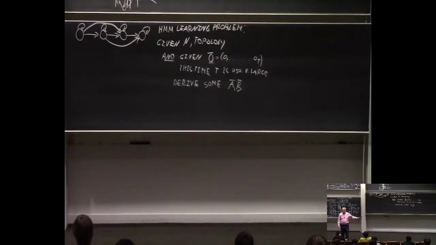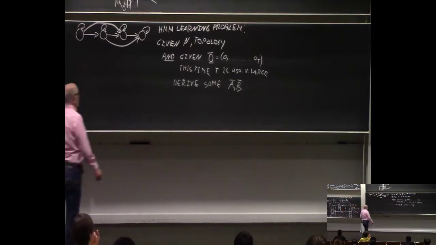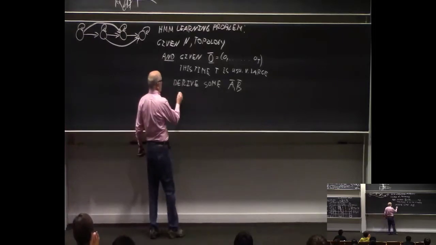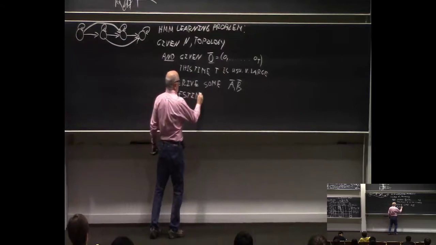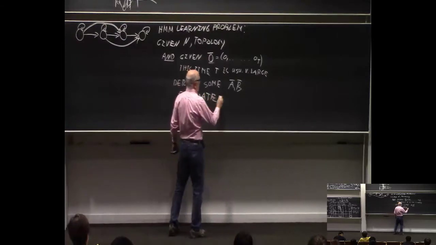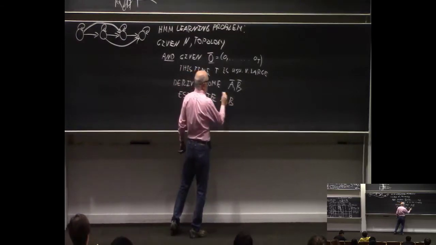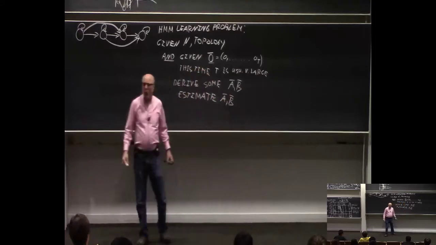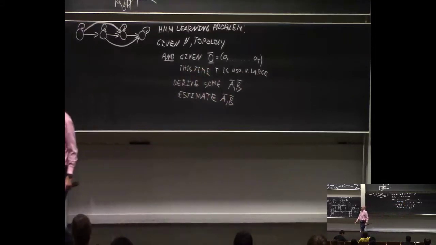Another way of saying it is you want to estimate parameters of the model from the data. Equivalently, estimate or fit these parameters. What estimation method did we learn in this class?